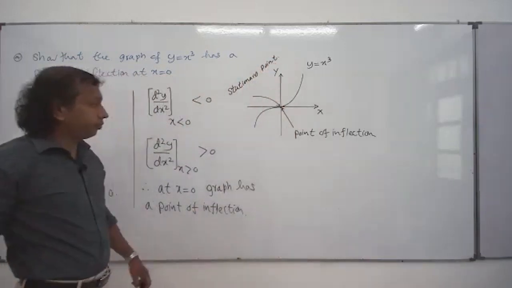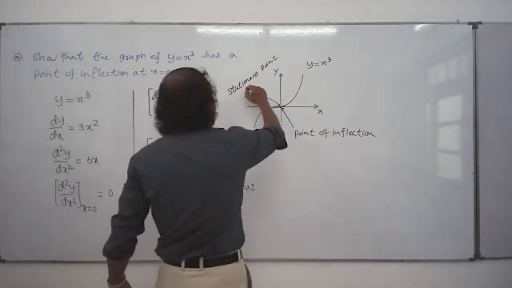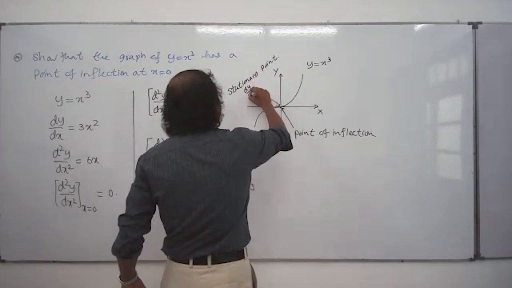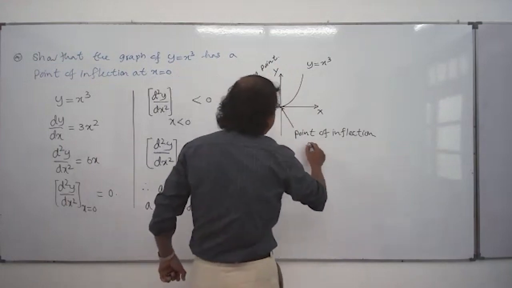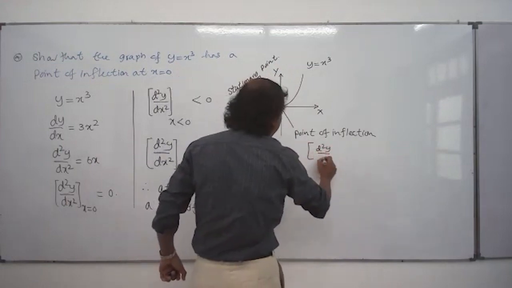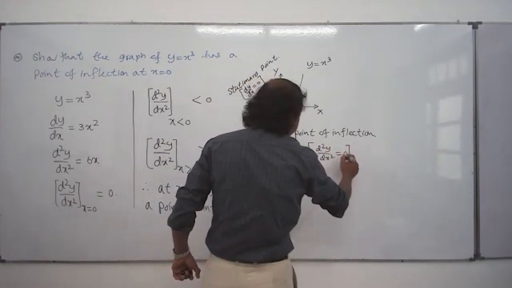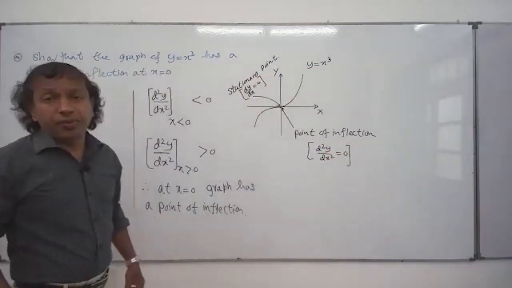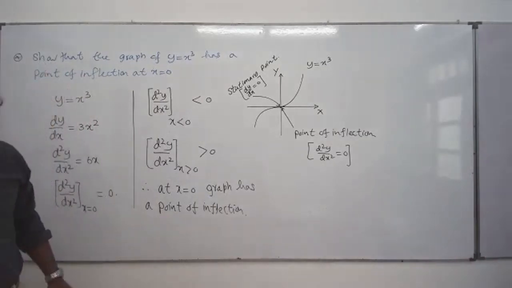Stationary point: dy by dx 0, second derivative also 0. You know the stationary point we learned before? Maxima or minima point. Here, second derivative is 0. The points where dy by dx is 0 are called stationary points.